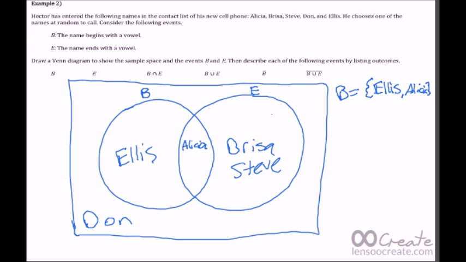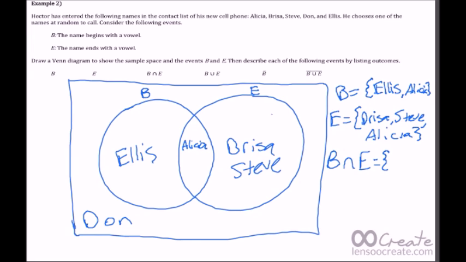Event E, we have Brysa, we have Steve, and we have Alicia, because she also ends in a vowel as well. So Alicia's in both categories. And then the next one, we have the intersection of B and E. This is where the person that falls in both events will go. And this is Alicia. Alicia had B and E.